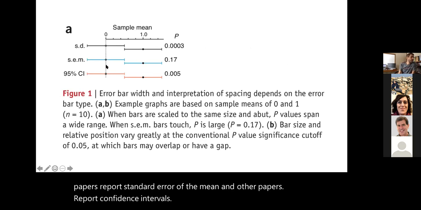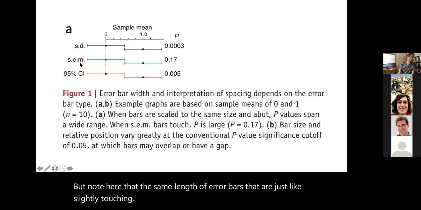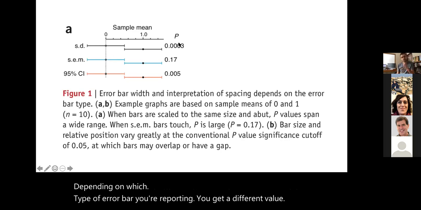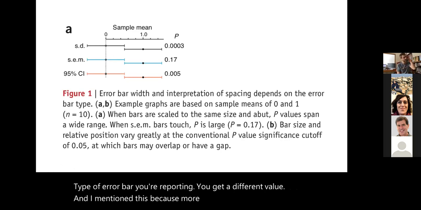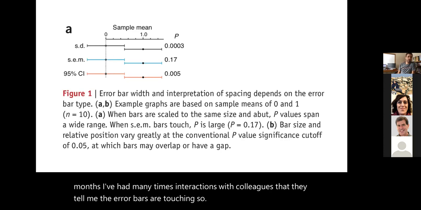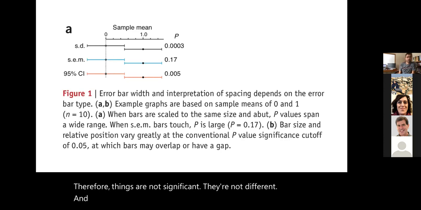But note here that the same length of error bars, just slightly touching, gives a different p-value depending on which type of error bar you're reporting. I mention this because in the last few months I've had many interactions with colleagues who tell me, well, the error bars are touching, so therefore things are not significant, they're not different. And that actually depends on the type of error bar you're reporting.